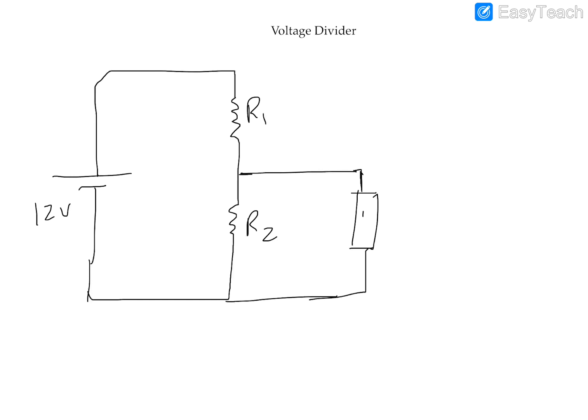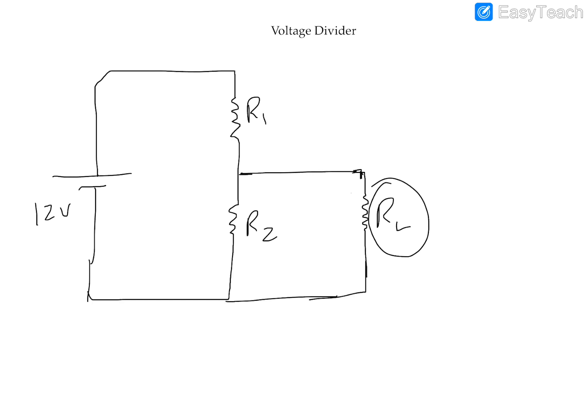But this electronic device is also going to have some kind of resistance or impedance. Here we're not going to consider impedance because it is a DC circuit, but it is going to have some resistance. So this device can also be represented as a load resistance, RL. When designing this kind of circuit, you also have to consider RL.